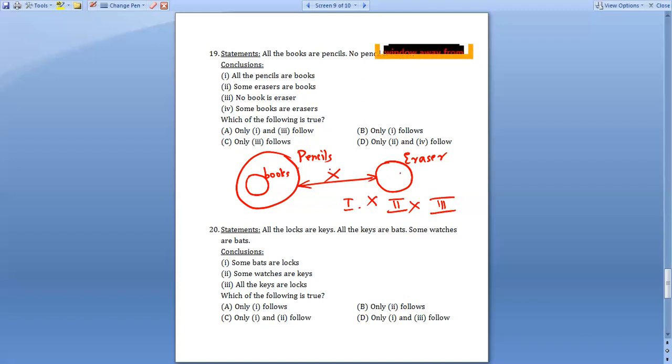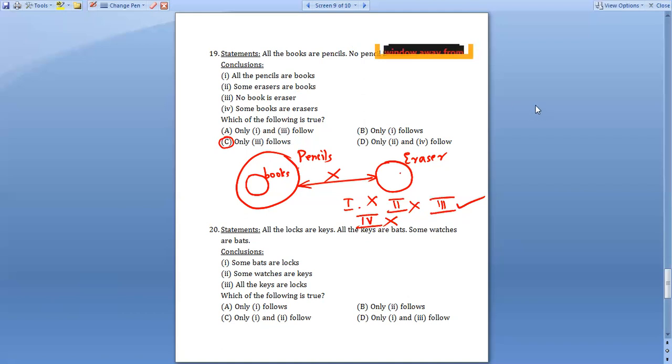When no pencil is eraser, then books, being contained in the set of pencils, are not erasers. So conclusion 3 follows. Next, conclusion 4, some books are erasers, which is not true because they are not connected. So only the third conclusion follows. That is option C. Okay.